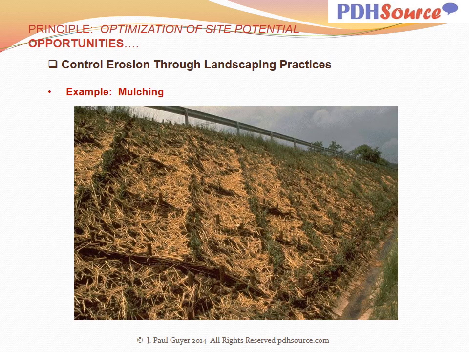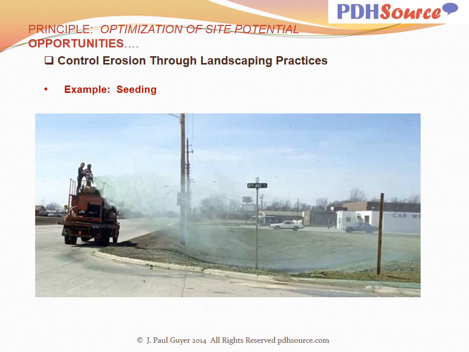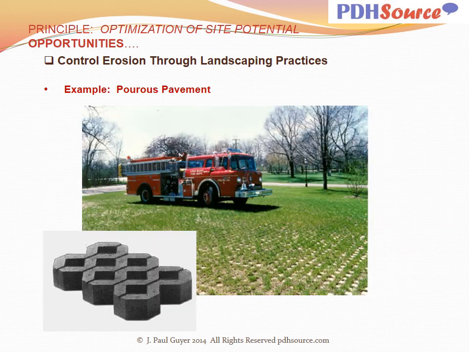Mulching is a landscaping methodology that of course is used to bind the soil together, and that's an option perhaps. Hydro seeding, a pretty cost-effective methodology for seeding, landscaping large open areas. That's an option.